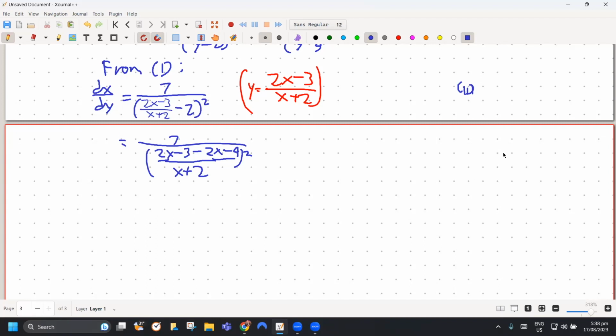Okay, so pakisimplify muna na yan. Kasi kailangan yan yun. I-compare natin yan sa 1 over dy dx.